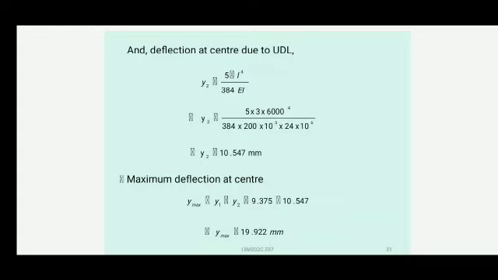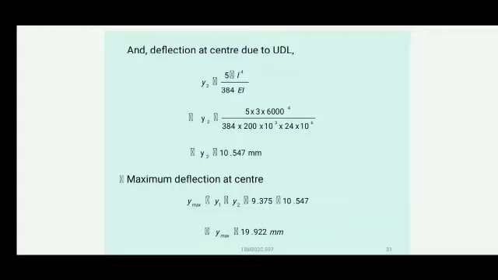And the deflection at center due to uniformly distributed load, y2, is equal to 5 small w L to the power of 4 by 384 EI. So y2 is equal to 5 into 3 into 6000 to the power of 4 by 384 into 200 into 10 to the power of 3 into 24 into 10 power 6, that is equal to 10.547 mm.